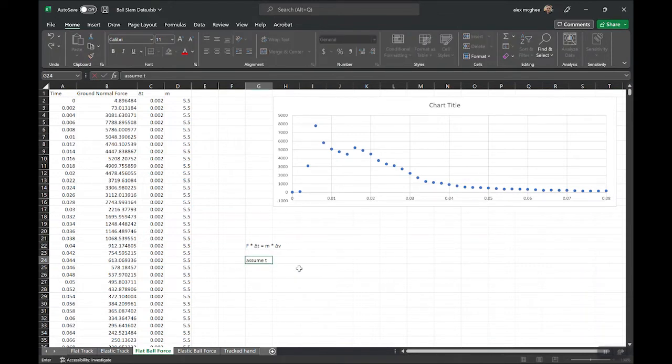So we're going to make this assumption. We're going to assume that for half of the time the ball is in contact with the ground, we have a change in velocity that has some initial velocity and a final velocity.